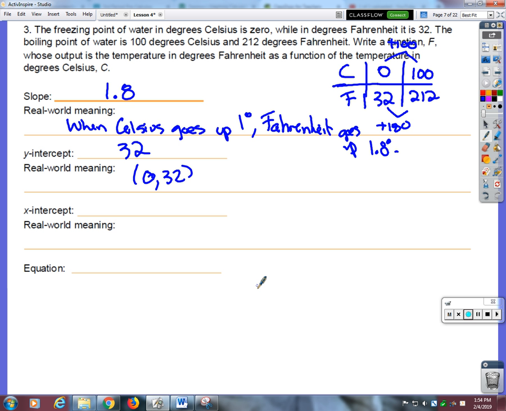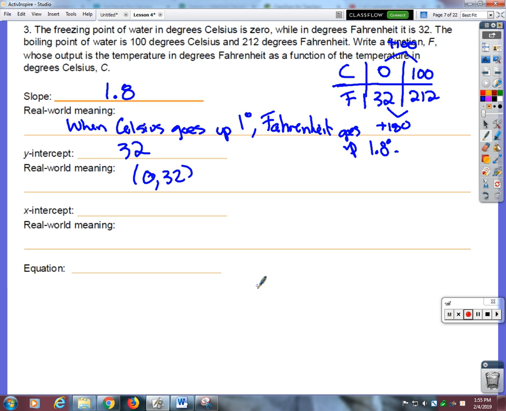Yeah, like Matthew said, the Y-intercept is what you get when x is 0, and in this case, the x is the Celsius. Yes, it is.